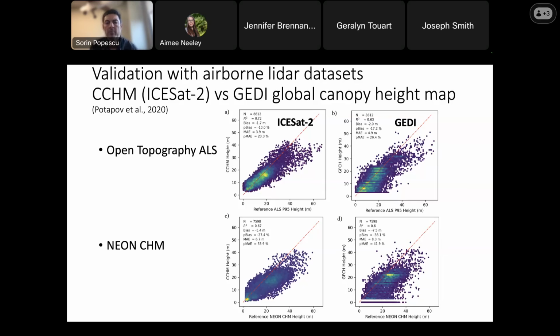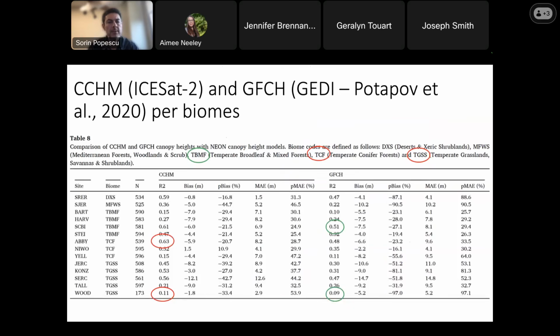And we wanted to see how our map compares to existing products. So we found a favorable comparison here towards ICESat-2 with both Open Topography ALS selected randomly within our biomes and the NEON canopy height model maps available through the NEON data set.